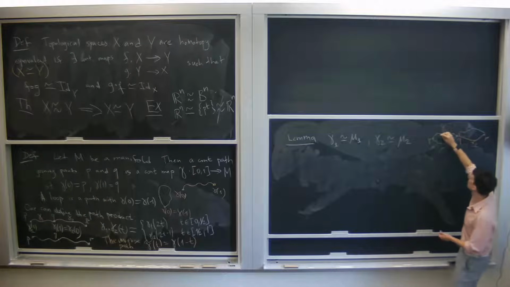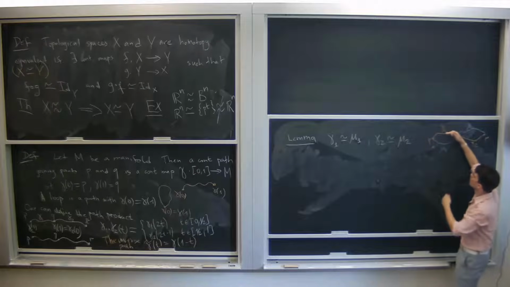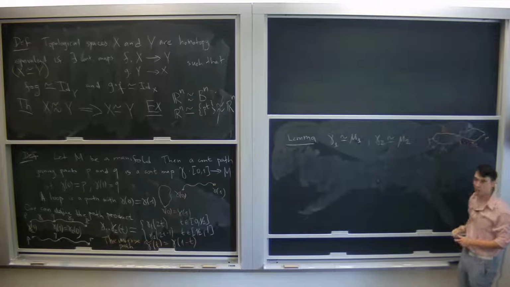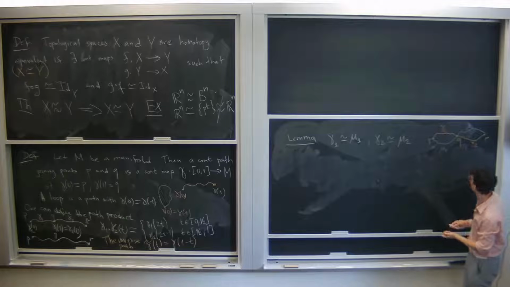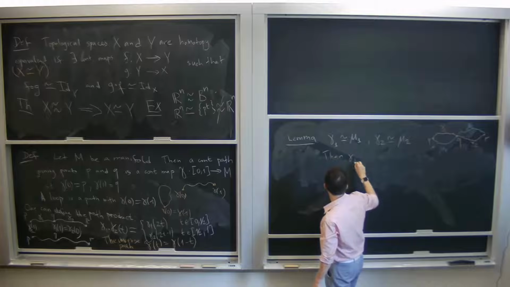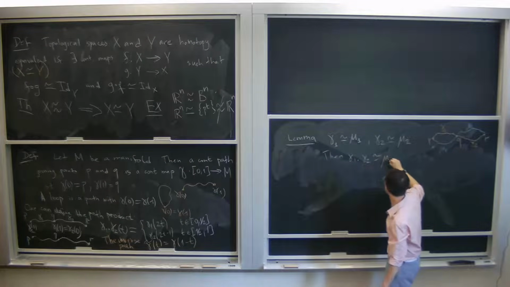So this one is homotopy equivalent to this one, meaning that there is a continuous deformation, like moving this path to that one. Then the path product gamma 1 gamma 2 is also homotopy equivalent to the path product mu 1 mu 2.